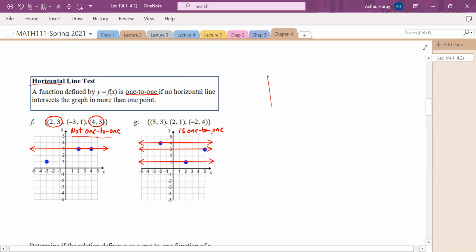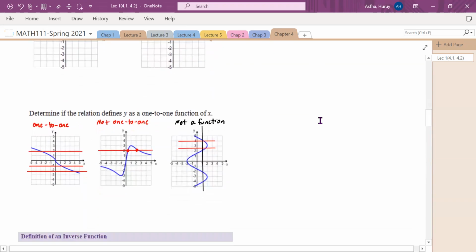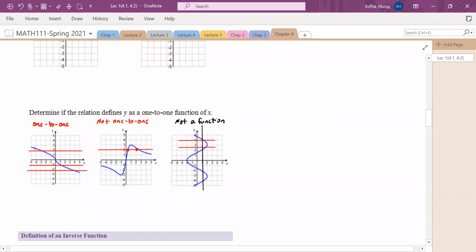Therefore, this is a one-to-one function. And graphically, let's say we have the blue lines, and drawing a horizontal line at any level, it touches the graph only once. Therefore, this is a one-to-one function.